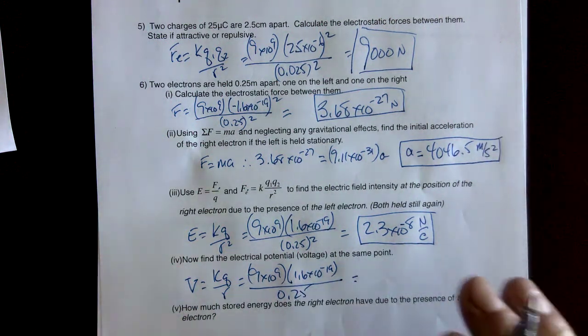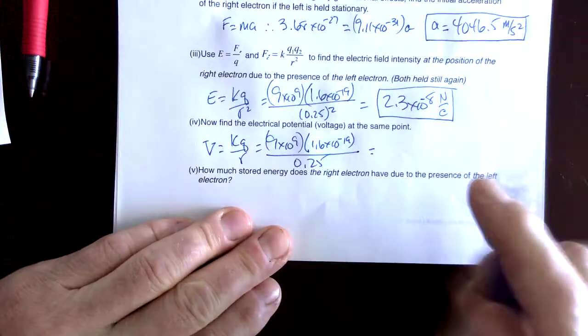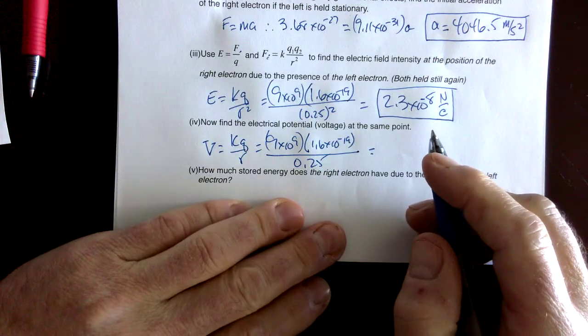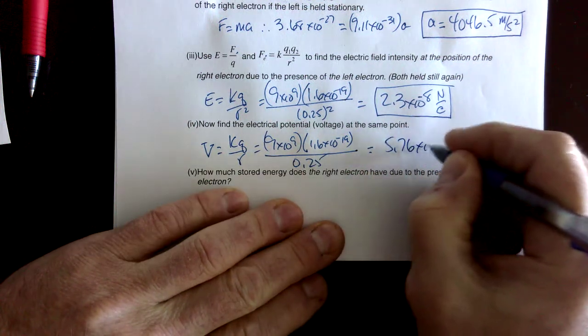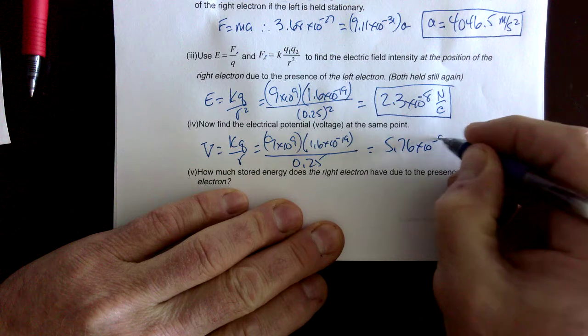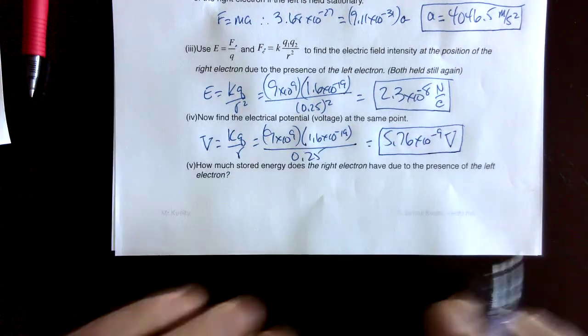That's giving me a voltage, electrical potential, potential difference, three ways to say the same thing, of about 5.76 times 10 to the minus 9th volts, capital V for volts.